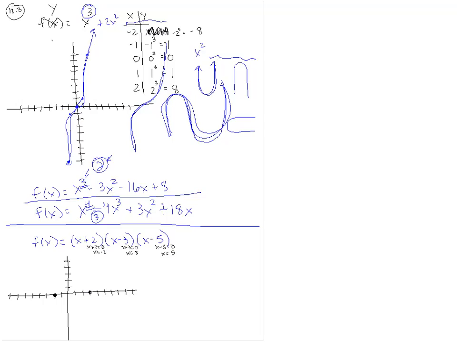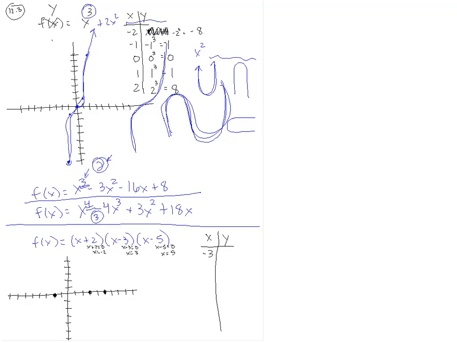Now, what we don't know is what happens on the outside as it comes from the left and what it does all the way across. So we create a chart and we say, okay, the farthest point to the left is negative 2, so I need to plug in a negative 3 to find out if it's coming up or coming down.